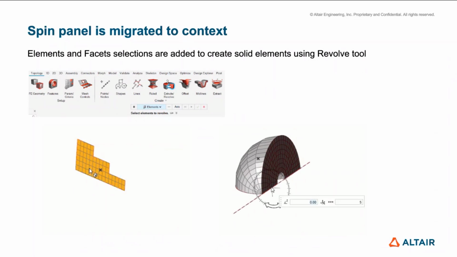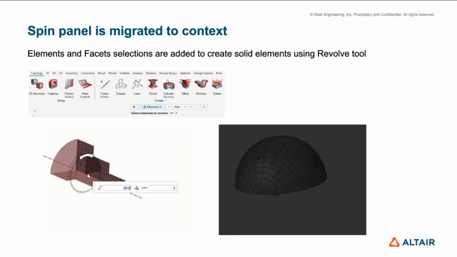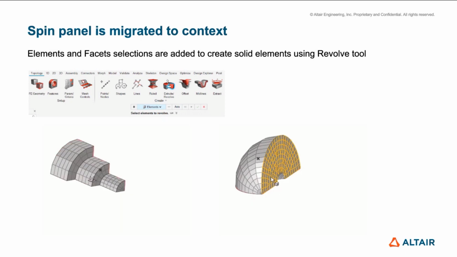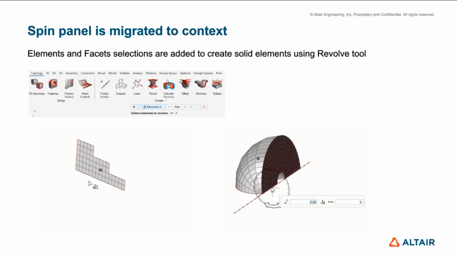So to start with, I'll start with spin panel migration. Basically, we have allowed element and facet selections in the revolve tool, which is under topology now, which used to only be used for creating 2D mesh from geometry earlier.